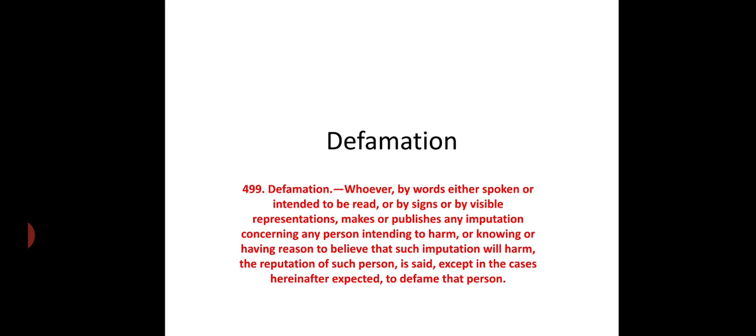The third ingredient of defamation is that such imputation was made with the intention of harming, or with knowledge or reason to believe that it will harm the reputation of the person concerning whom it is made. These are the ingredients.